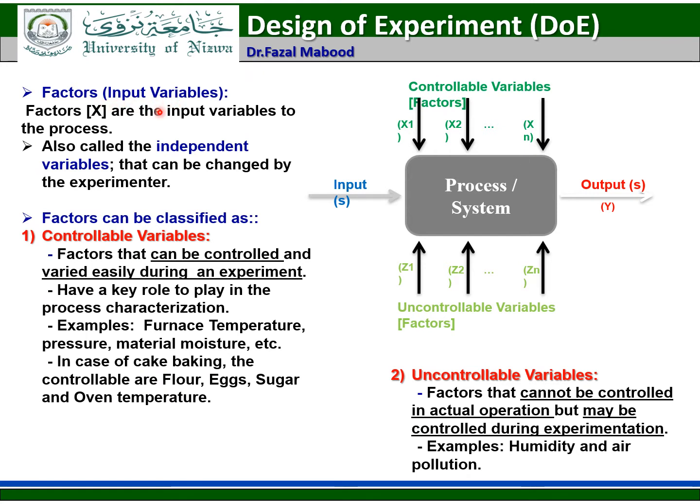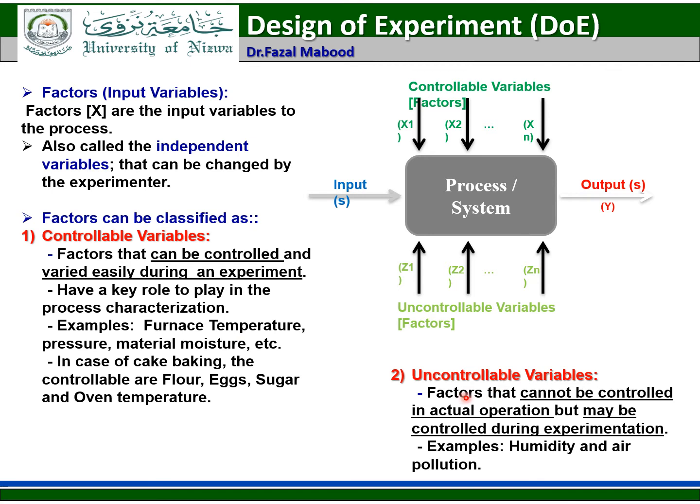Factors, input variables. Factors are the input variables in the process, also called independent variables, that can be changed by the experimenter. Factors can be classified as controllable variables, factors that can be controlled and varied easily during an experiment. For example, furnace temperature, pressure, material moisture.